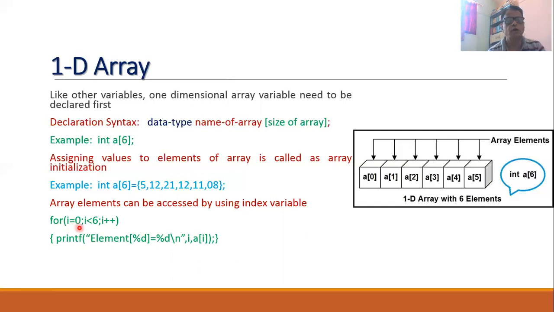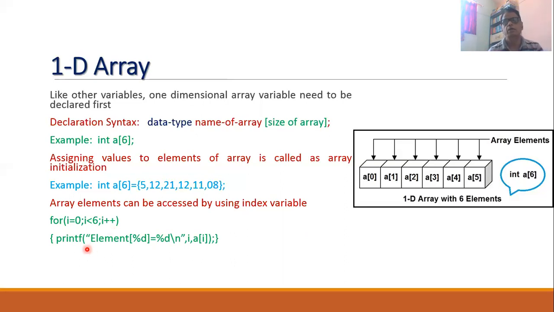So for, in the brackets, the initialization i = 0, where i is a control variable, then a semicolon. Now I know that there are 6 elements, therefore I will put the condition i < 6. Then again a semicolon, and then I will increment the value of i by 1 every time.